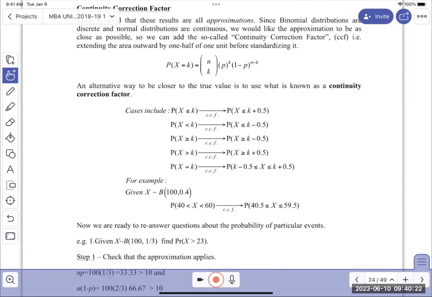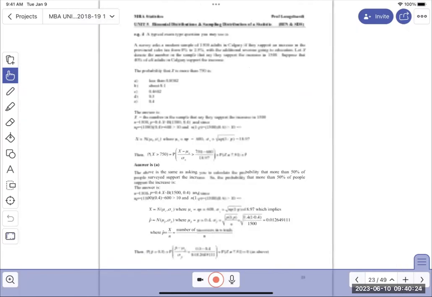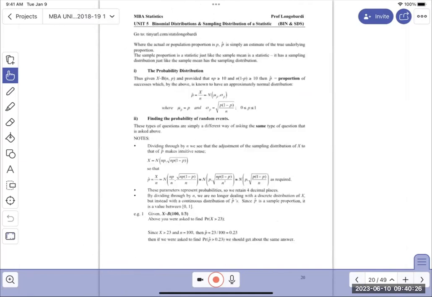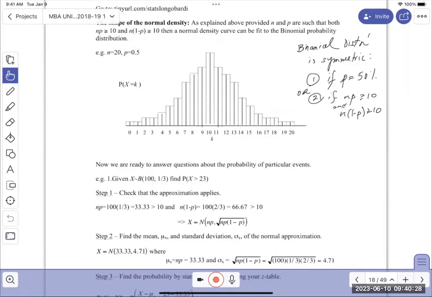This is just to say, when we go from a spike distribution and start talking about a normal distribution, there is a price to pay because there's no density here, right? They're just spikes.